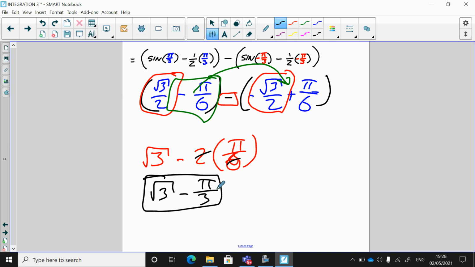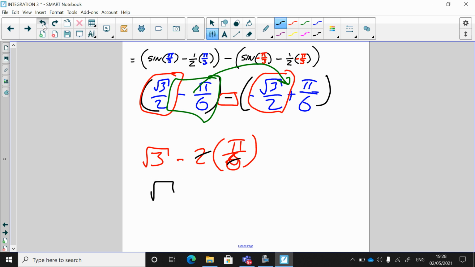And pi over 3, that's approximately 1.7, 1.768 to 1.04 approximately. Right, let's see what I've got. I did the same, right?